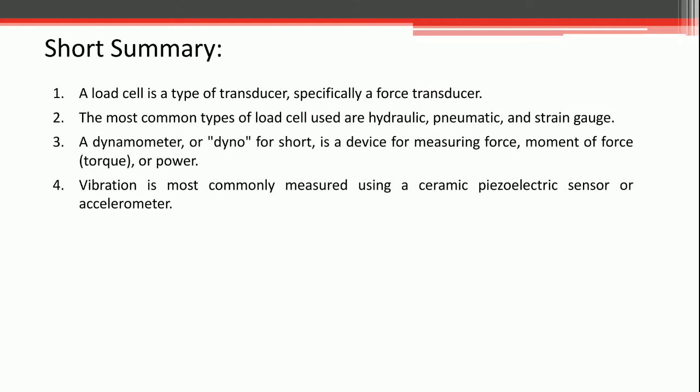Another one is vibration measurement, which is commonly measured by the accelerometer or the proximity probe. So these are the basic measurements which are made through different types of digital measuring instruments.